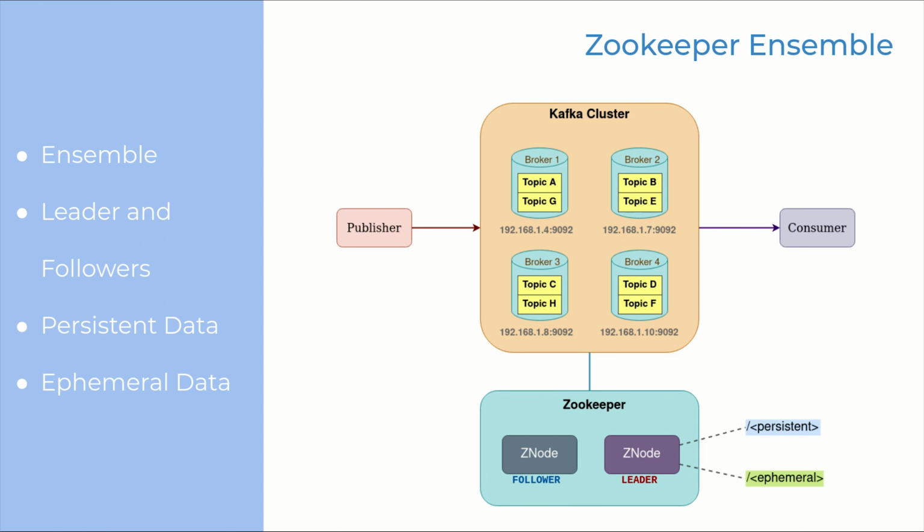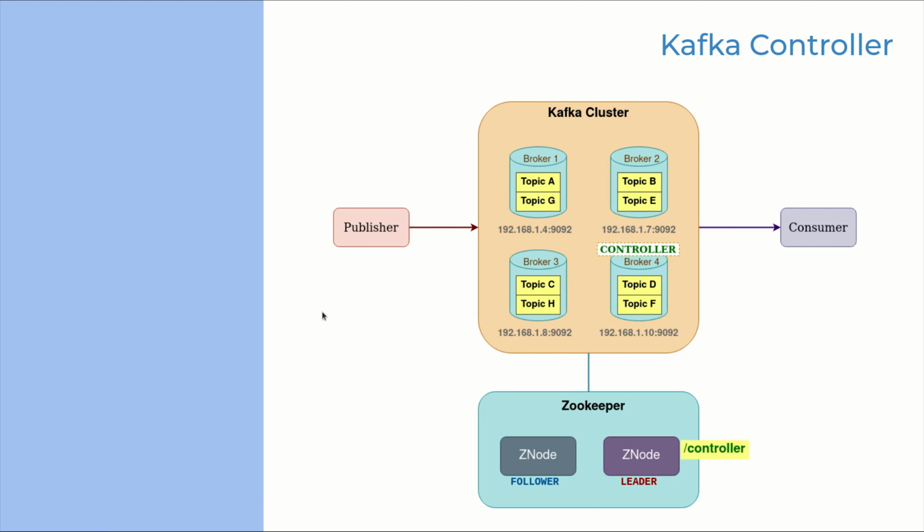If the data creator goes down, ephemeral data will be lost. Kafka uses this behavior to appoint and maintain the Kafka controller. So the Kafka controller is an ephemeral node, and in the event of controller failure, Zookeeper will delete the controller and initiate a request to appoint a new controller following the metadata that it has.